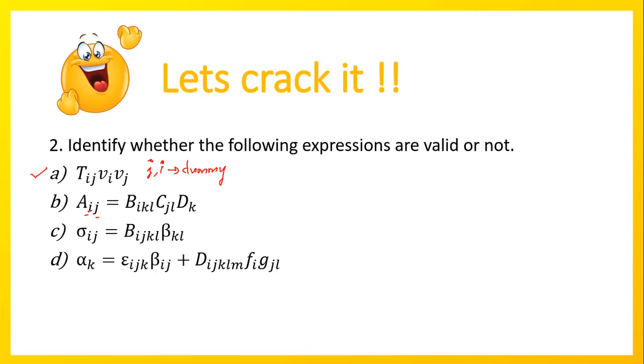Here I appears only once and j appears only once. So both I and j are free indices. Let us check if both I and j are free indices in this symbol group also. Here we can see that I appears once, k appears twice. So k is a dummy index. L appears twice.